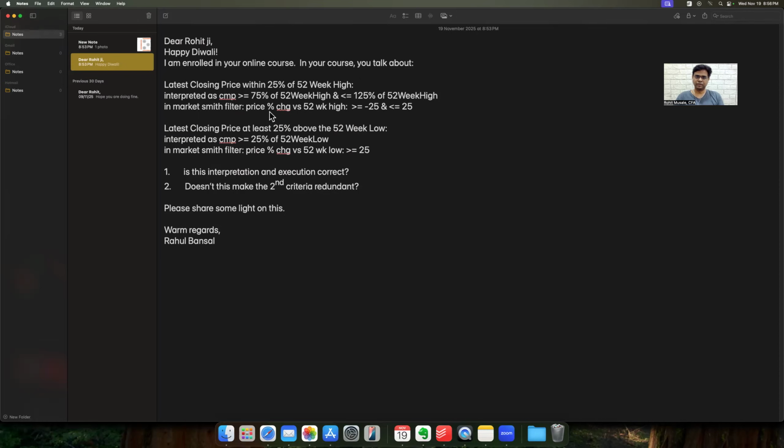In Market Smith filter, price percentage change versus 52-week high is greater than minus 25 and less than or equal to 25. Latest closing price at least 25% above the 52-week low, interpreted as current market price greater than or equal to 25% of 52-week low. In Market Smith filter, price percentage change versus 52-week low greater than or equal to 25.